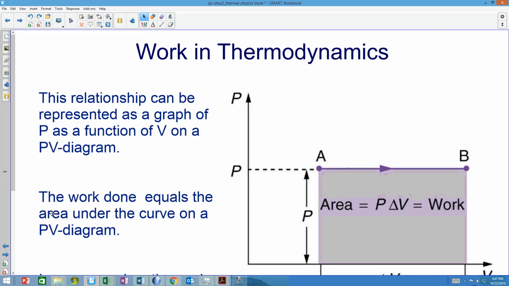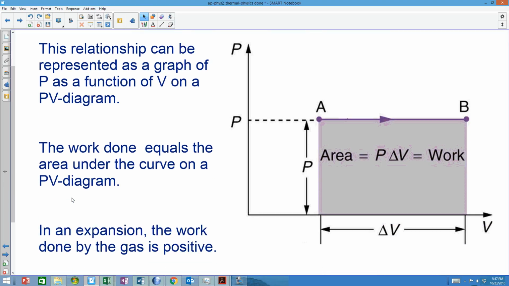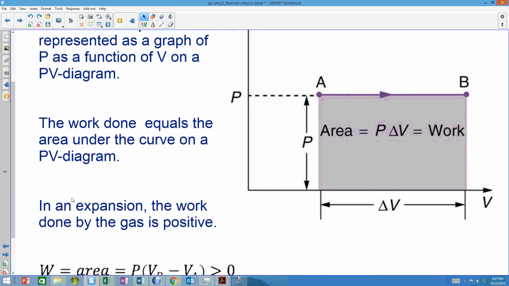This relationship can be represented as a graph of P as a function of V on a PV diagram. The work done equals the area under the curve on a PV diagram. So you take the pressure times the change in volume, and that equals the work done.